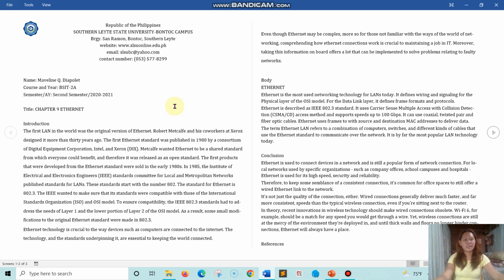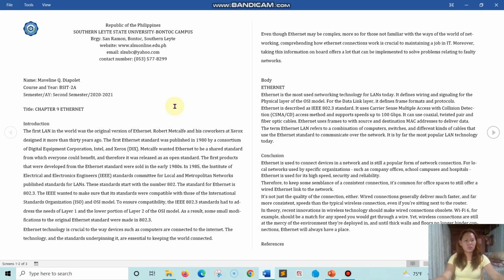Ethernet is the most used networking technology for LANs today. It defines wiring and signaling for the physical layer of the OSI model, and for the data link layer it defines frame formats and protocols. Ethernet is described as the IEEE 802.3 standard. It uses the carrier sense multiple access with collision detection, or CSMA/CD, access method and supports speeds up to 100 gigabits per second.